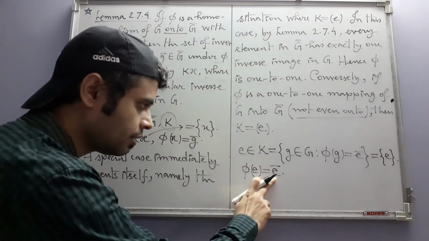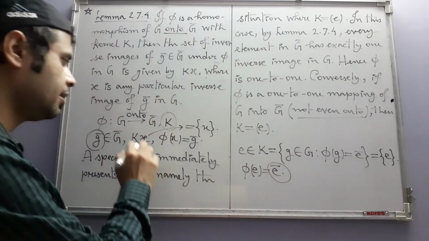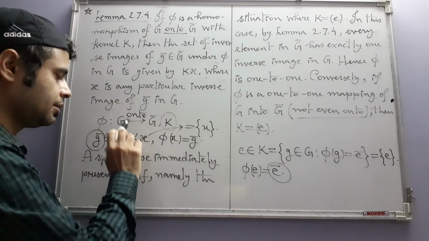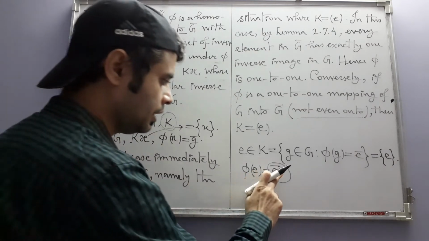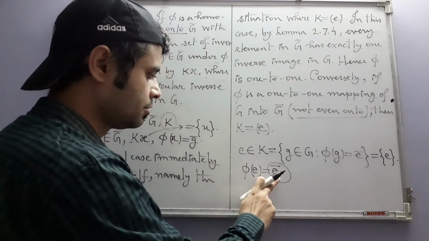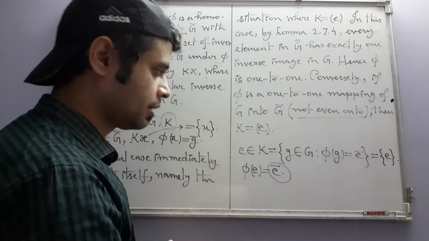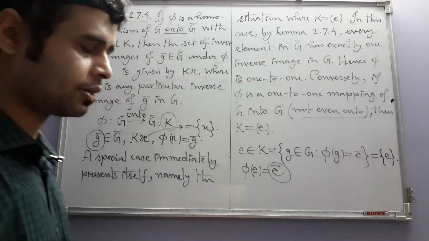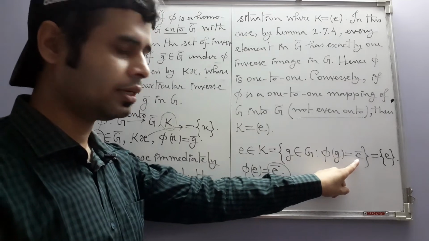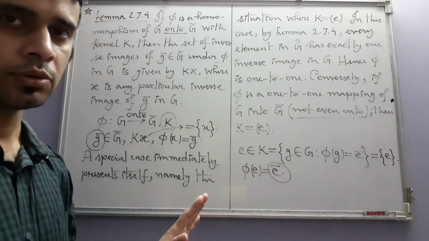That's because we are talking about the inverse images of the identity element in the second group, and regardless of whether phi is onto or not, E bar always has at least one inverse image, that is E. If you look carefully, the kernel of a homomorphism is nothing but the inverse image of the identity element of the second group under the homomorphism.